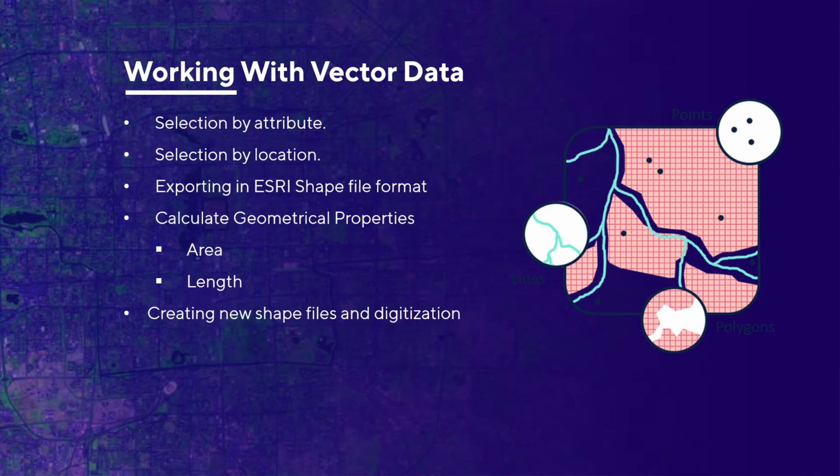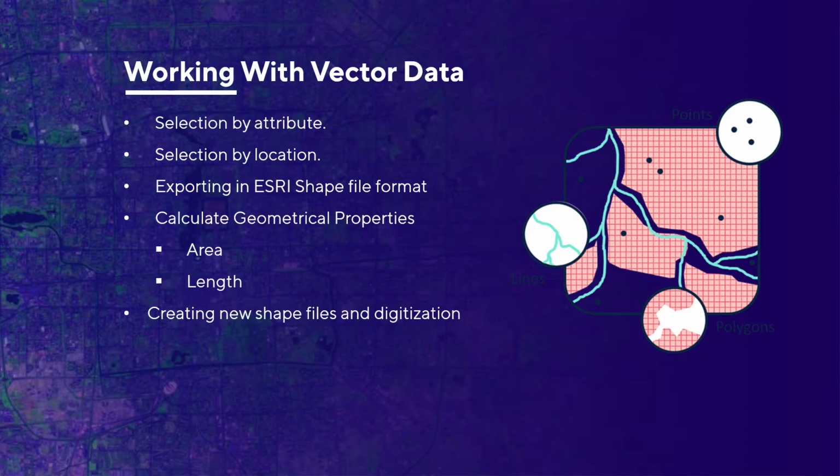After that, we'll also work on selecting the individual information available in our data by attribute data or location data. Attribute refers to non-spatial data and location refers to spatial data. After that, we'll also export that selected data in ESRI Shapefile format.